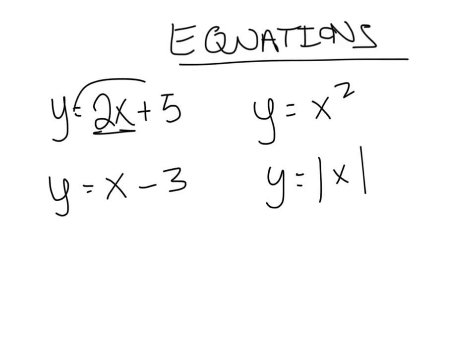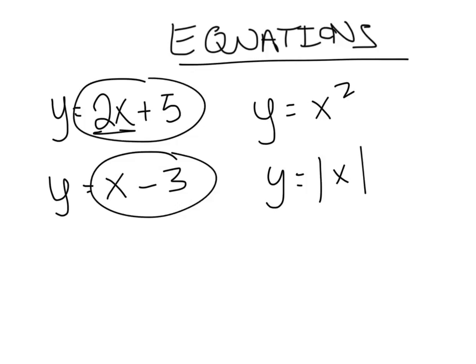So it's not even just the coefficient constant model that we see here, but even if I have a squared or some kind of different thing like absolute value, if you can write it as y equals and then some kind of x with an equation, it's going to be a function. And if you ever want to check that, you can always use your graphing calculator, plug that equation into the graphing calculator, and then do your vertical line test and check from there.